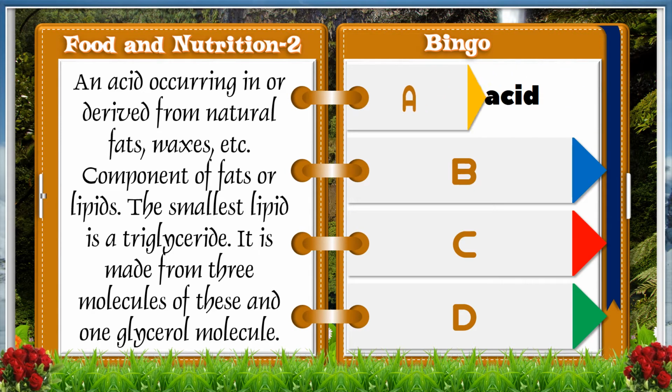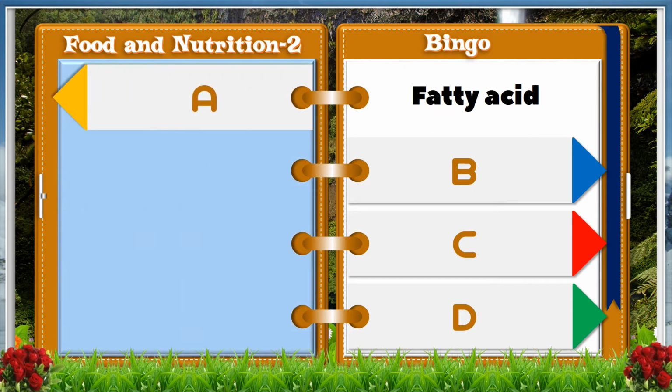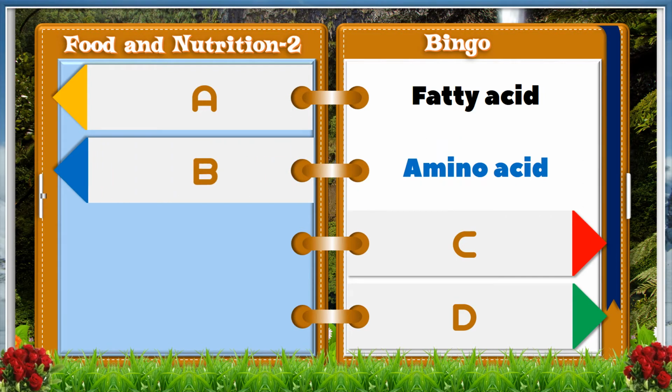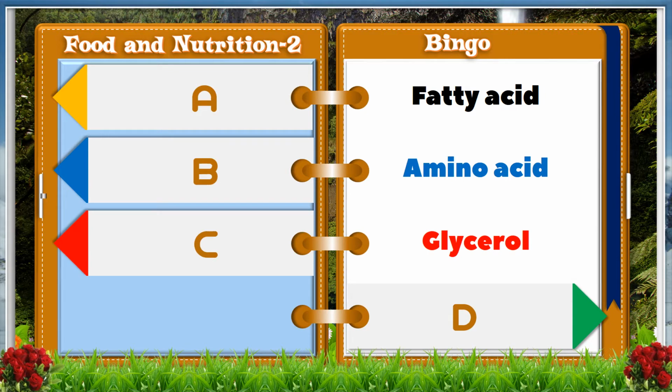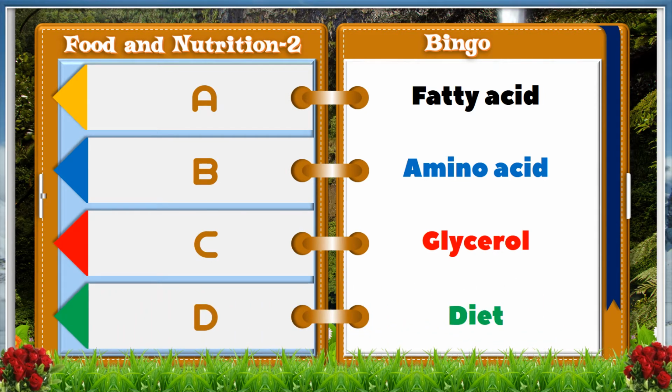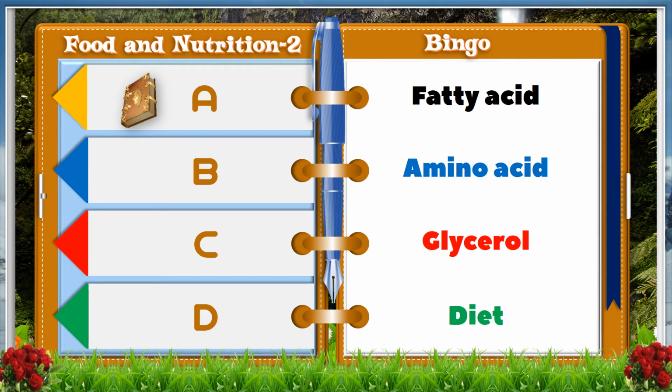Option A, fatty acid. Option B, amino acid. Option C, glycerol. And option D, diet. The answer is A, fatty acid.